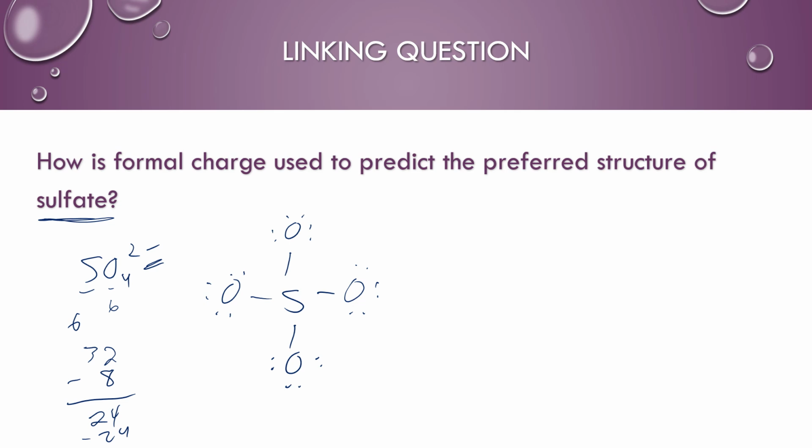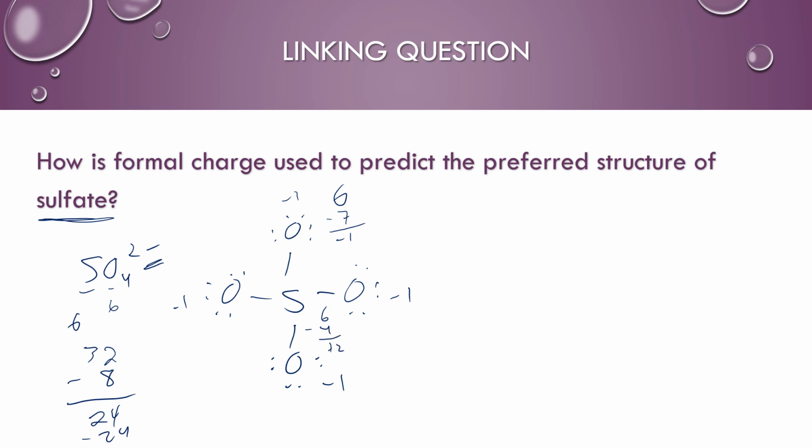However, we need to check formal charge. Formal charge is the number of normal valence electrons, so 6 in this case, minus the electrons assigned to it, 1 for each of the lone pair electrons and 1 for each bond. So for oxygen, that would be 7, and it would have a -1 overall. Sulfur in this case normally has 6, but right now there's only 4 assigned to it. So that's +2 overall.